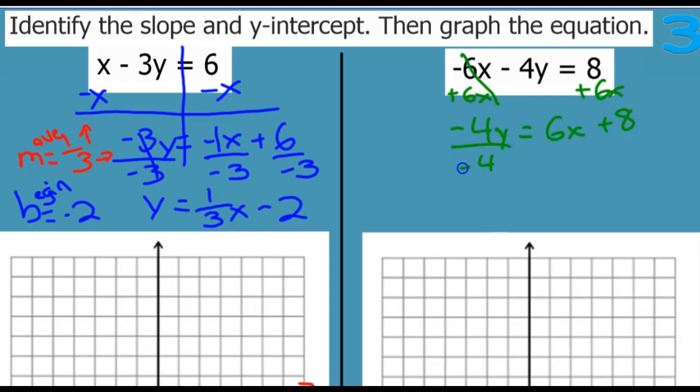Divide by negative 4. Y equals, so we can't divide this, but we can simplify it. So I'm going to take out 2 from each. So I'll get 3 and a negative 2. X minus 8 divided by negative 4 gives me negative 2.